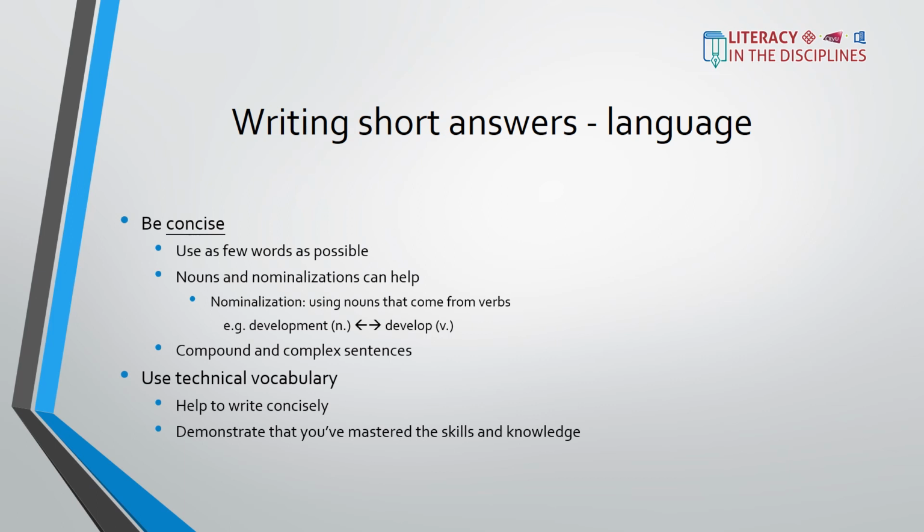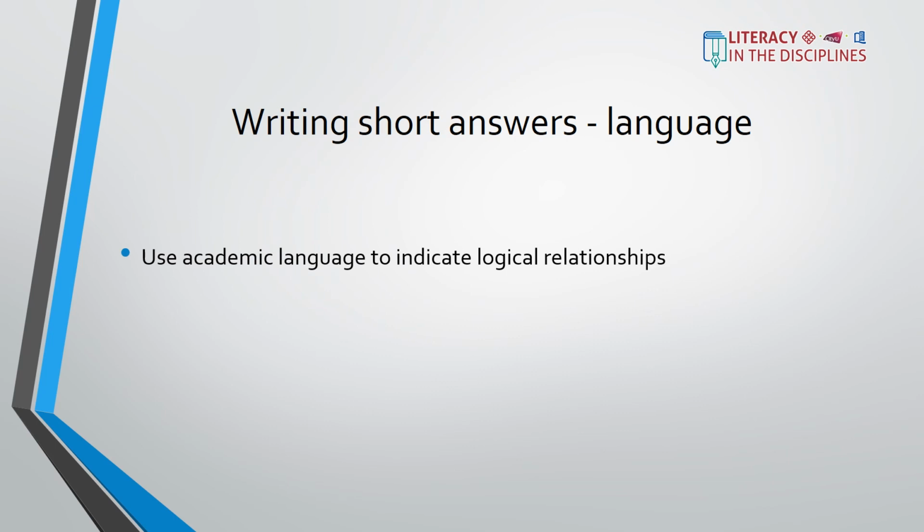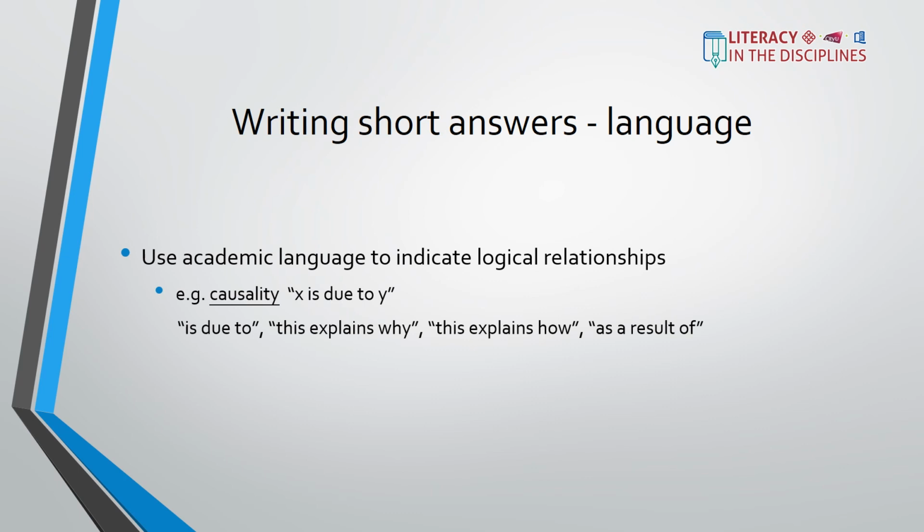The next point about language is the use of academic language to indicate logical relationships. An example of a logical relationship is causality. X is due to Y. Phrases like is due to, this explains why, this explains how, and as a result of, are academic language to show causality.